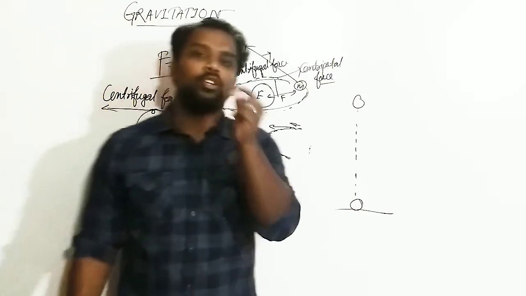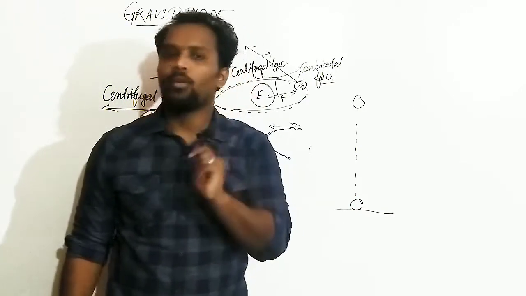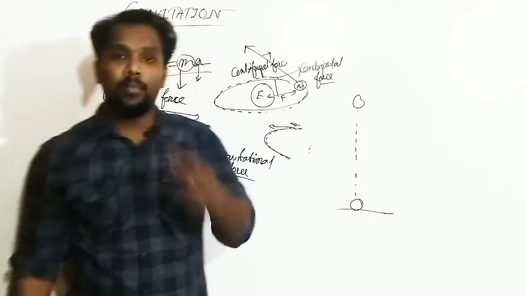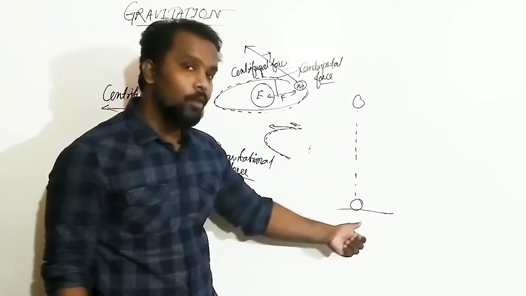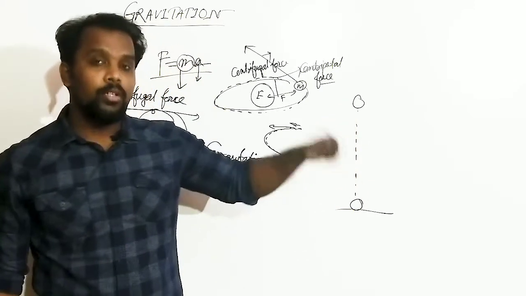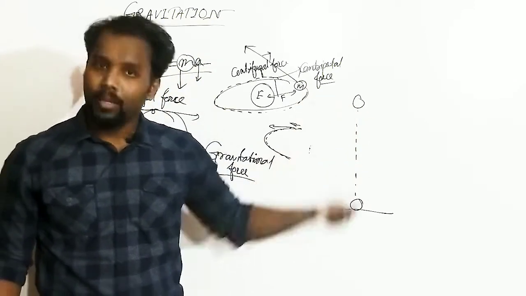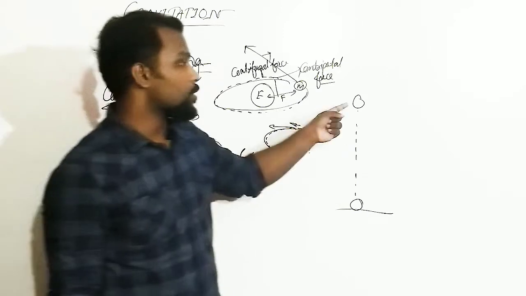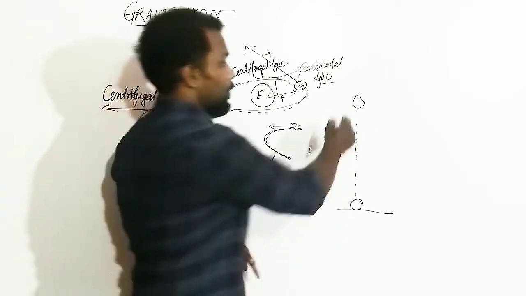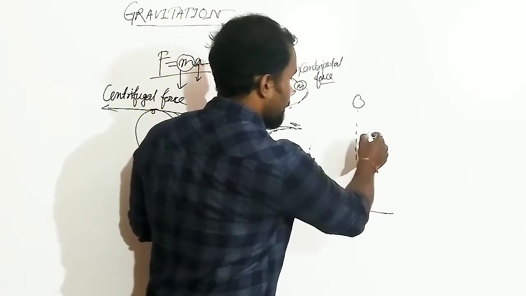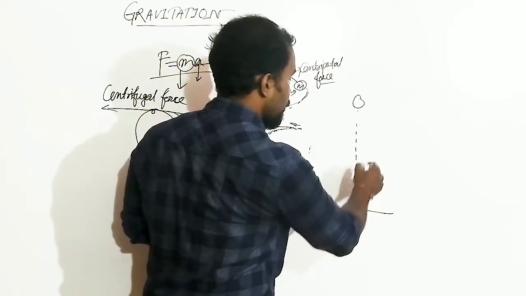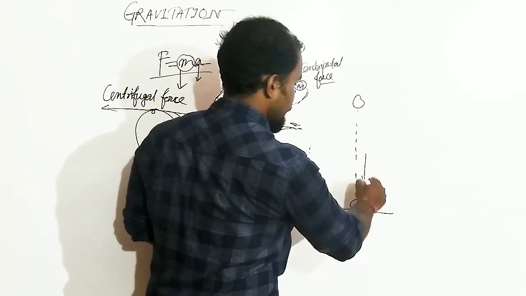But according to Newton's third law of motion, while there is an acting force, here in this case the acting force is given by the ground. So there is going to be a reactive force, and that reactive force is given by the ball. This force applied by the ground is in this direction, pulling the ball, so its opposite force is in this direction.